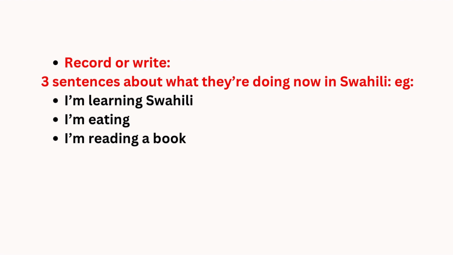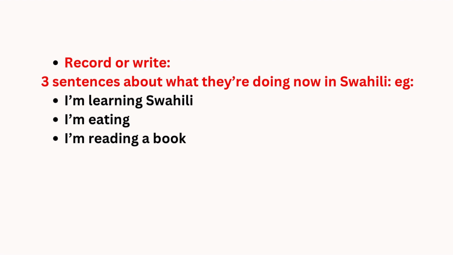When you say nakula, it means I'm eating right now and it's me. But remember, it also depends on the context, because even if it's the second person or the third person, like yeye anakula, if you say nakula, it shows it's just you. So when you say nakula, it should be when you're focusing on yourself.